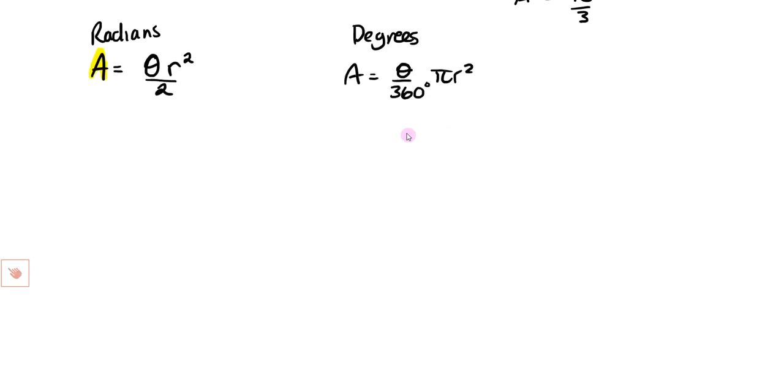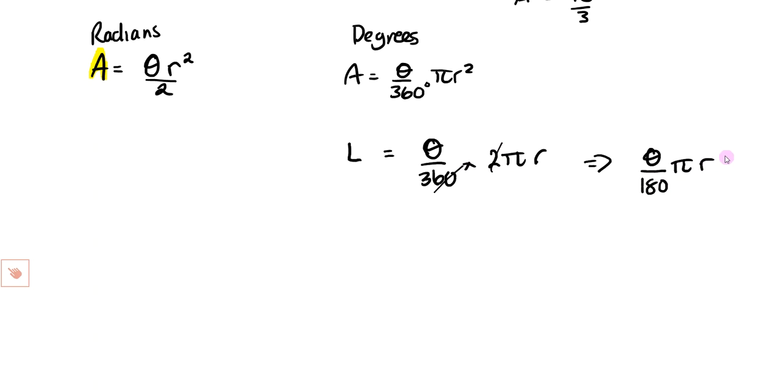In radians and degrees, so in degrees, the formula for the arc length is theta over 360 times 2 pi r, but can be simplified to theta over 180 times pi r, as the 2 cancelled.